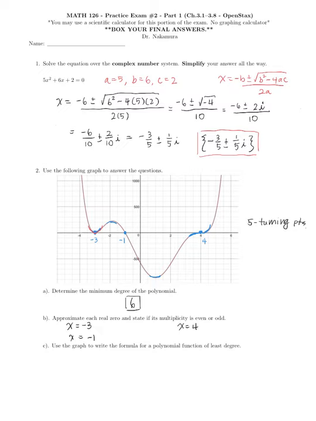So that means the degree of the parabola should be 2. So I'm going to say that at x equals negative 3, the multiplicity is probably going to be even. Actually, it will be even, and probably it's going to be maybe 2.